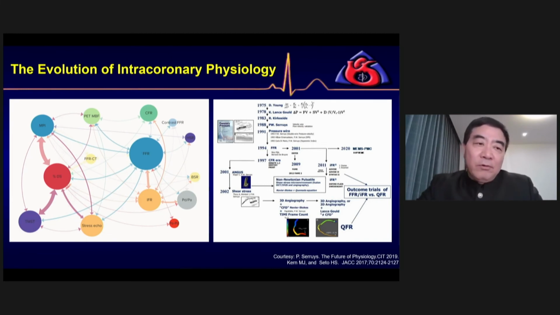But coronary flow reserve was measured with a catheter-mounted Doppler crystal at the tip of the catheter, measuring the coronary flow velocity, in the 1970s. Afterwards, since 1993, I think Nico Pijls and Bernard De Bruyne introduced FFR using a pressure sensor wire, instead of the Doppler crystal, what we call the pressure wire today.